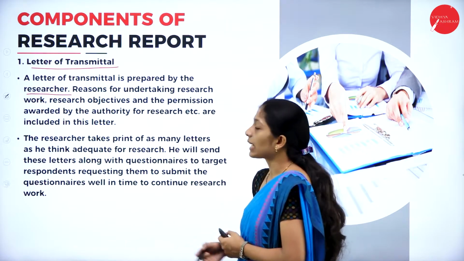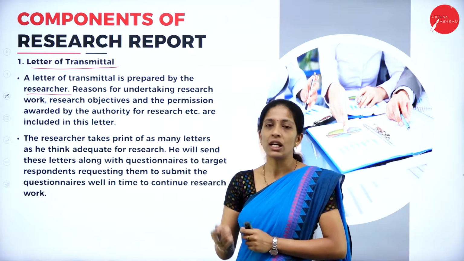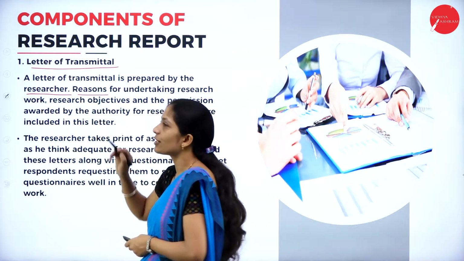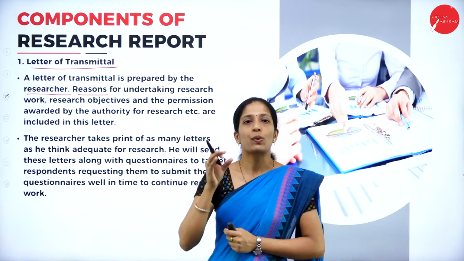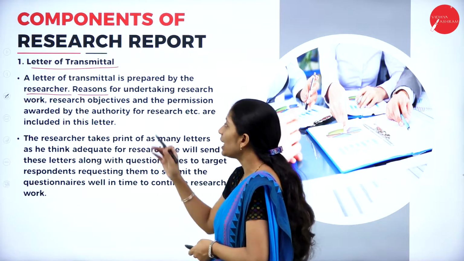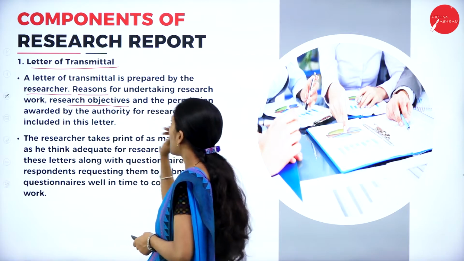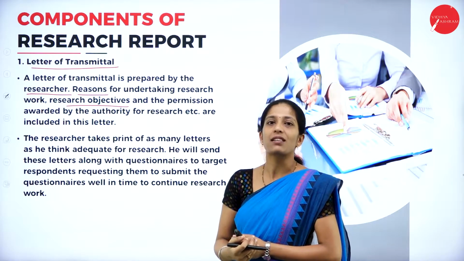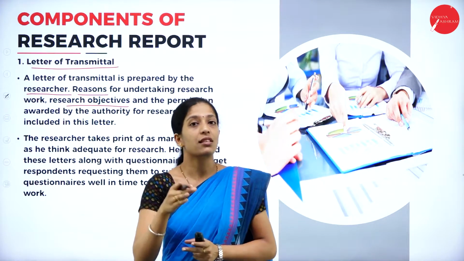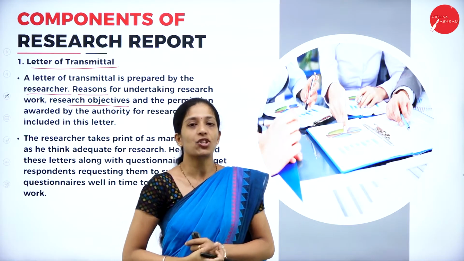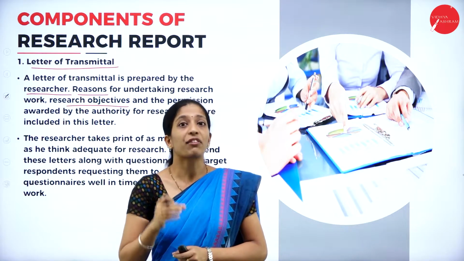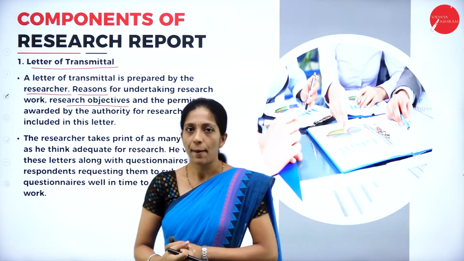Reasons for undertaking the research work. As I told you, a letter of transmittal contains the reason to undertake the research work on that particular topic, the research objectives, and the permission awarded by the authority. There will be a certain authority from whom the researcher has to take permission to collect the information. Who is that authority from whom the researcher has taken permission?